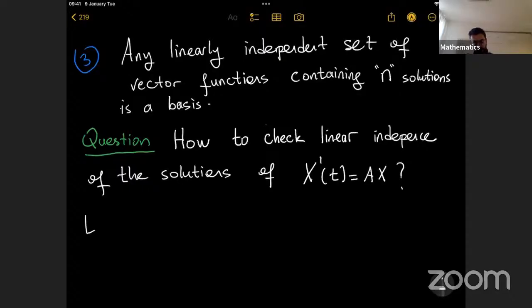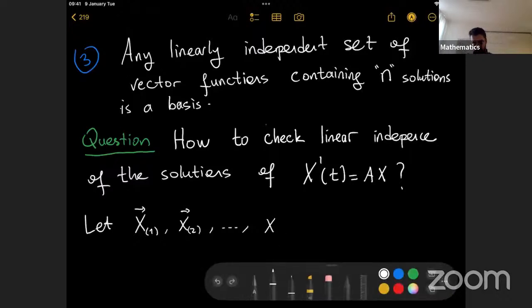So let's say we have some solutions. Let x, I will put the index here now. That means these are arbitrary solutions, x sub 1, x sub 2, vector functions, not a spatial one, any arbitrary solution of the system.